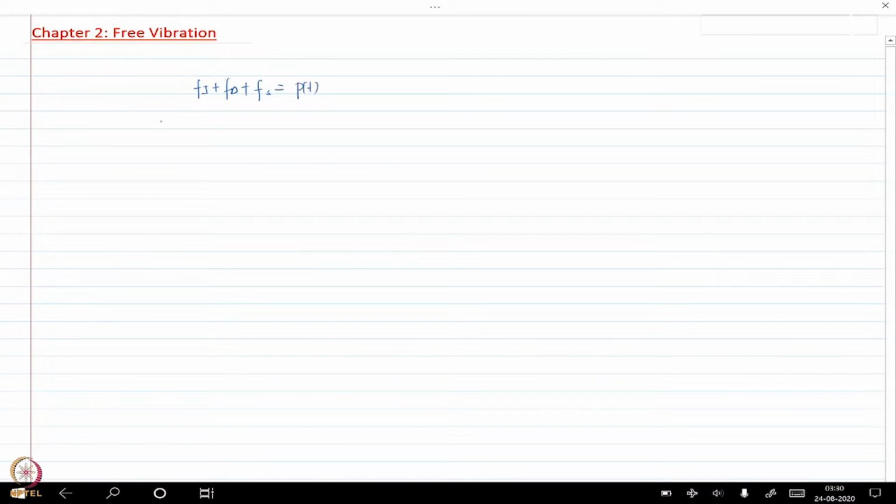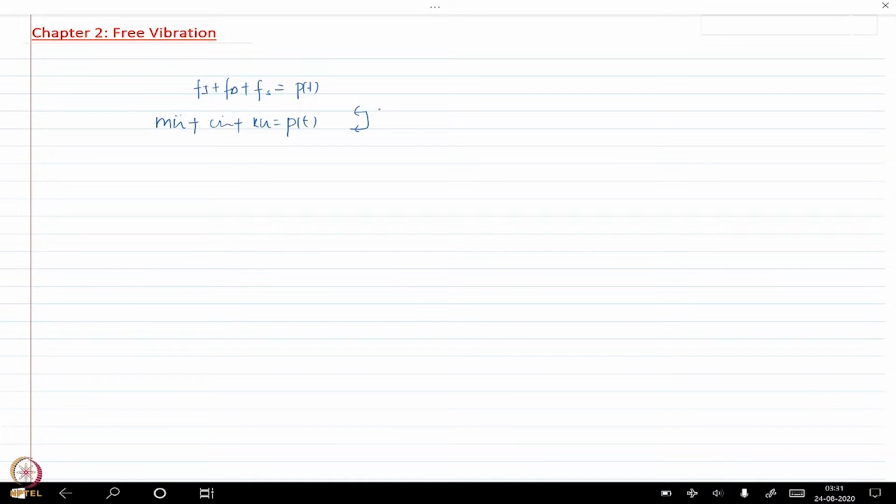And for a linear system, we could write it as m u double dot plus c u dot plus k u equal to p of t. Up to the last chapter, our focus was to come up with an equation of motion of this form for different types of systems under the action of an external load.